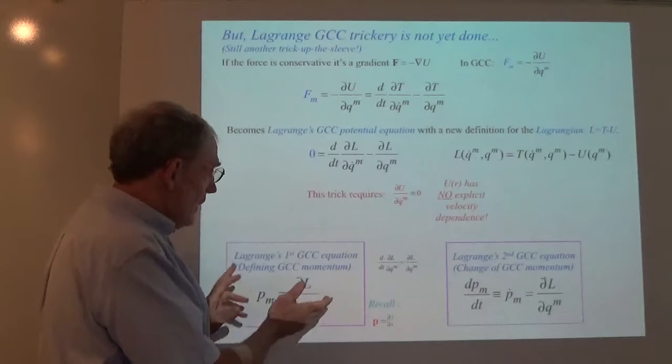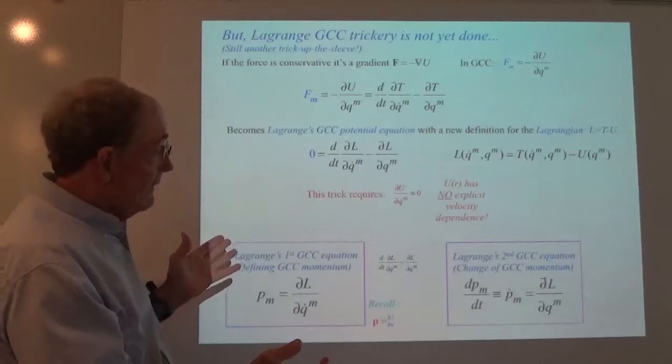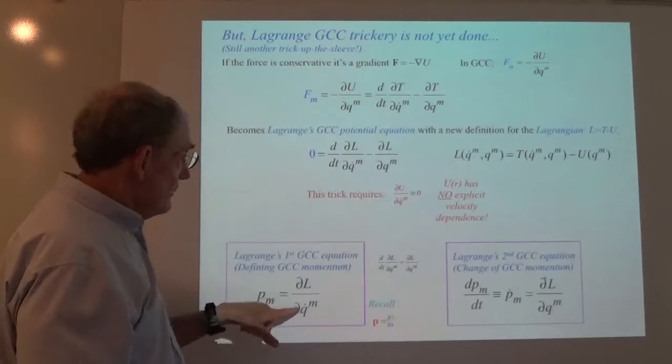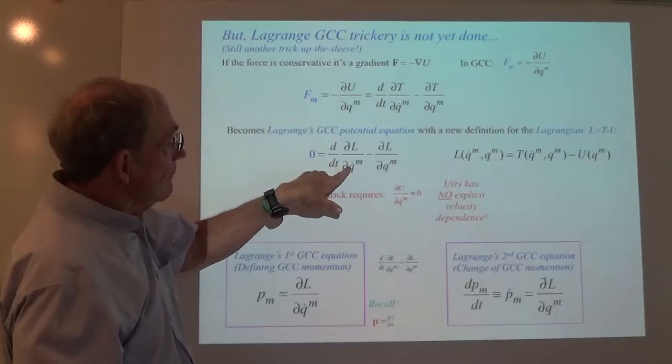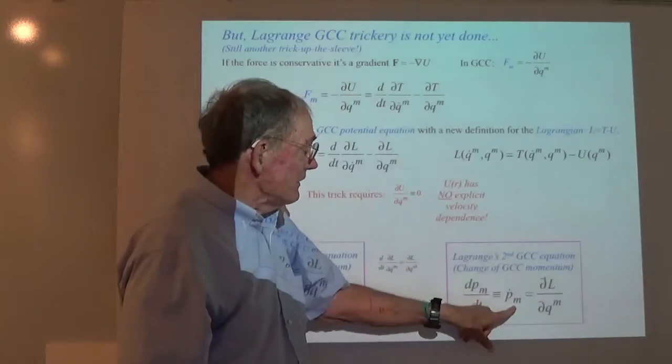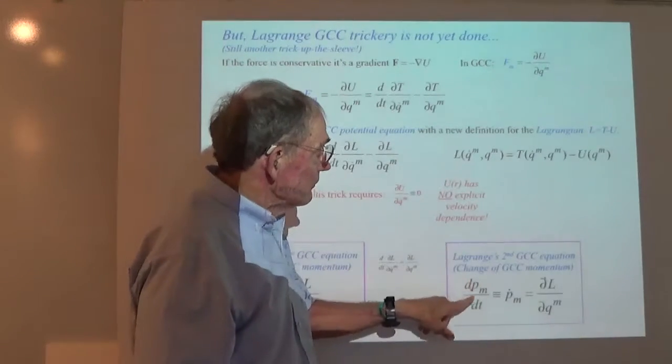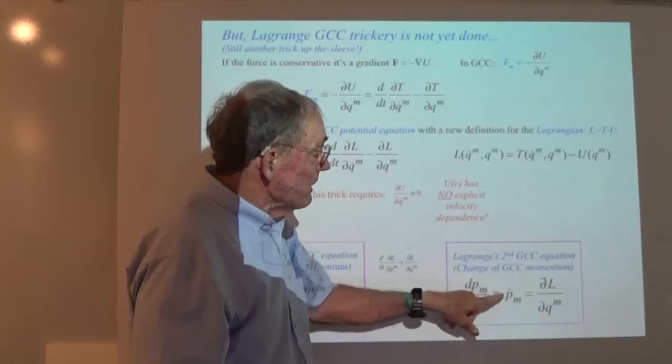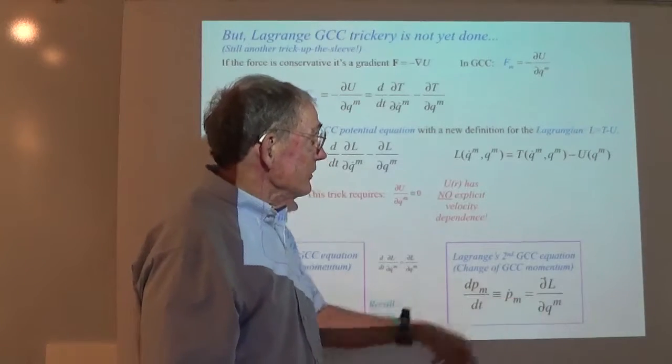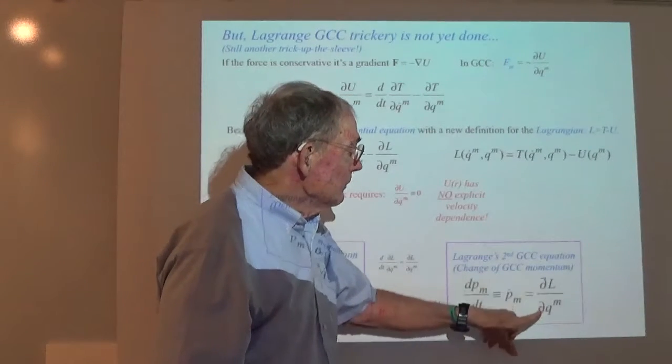But here is this equation, and if that's the momentum, then this is the time derivative of the momentum, p dot. You see, the total time derivative of momentum, p dot m, is simply equal to partial L with respect to qm.